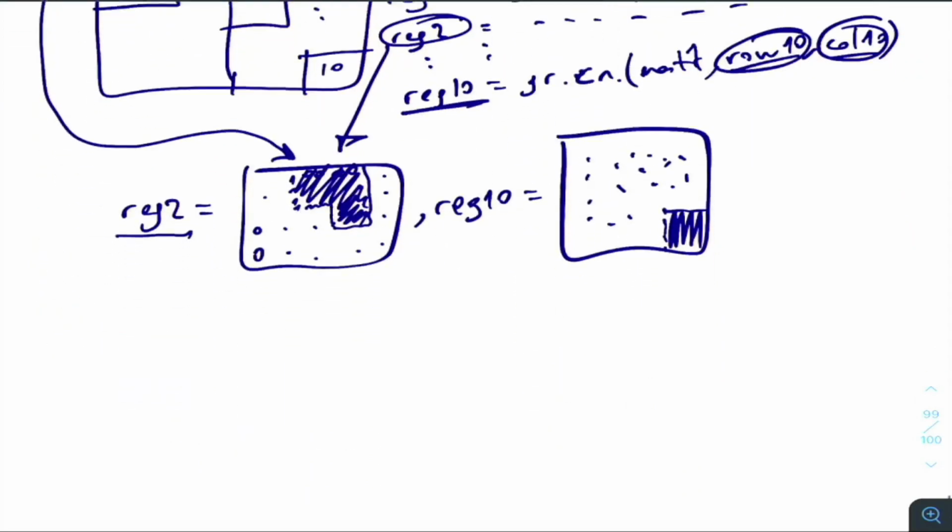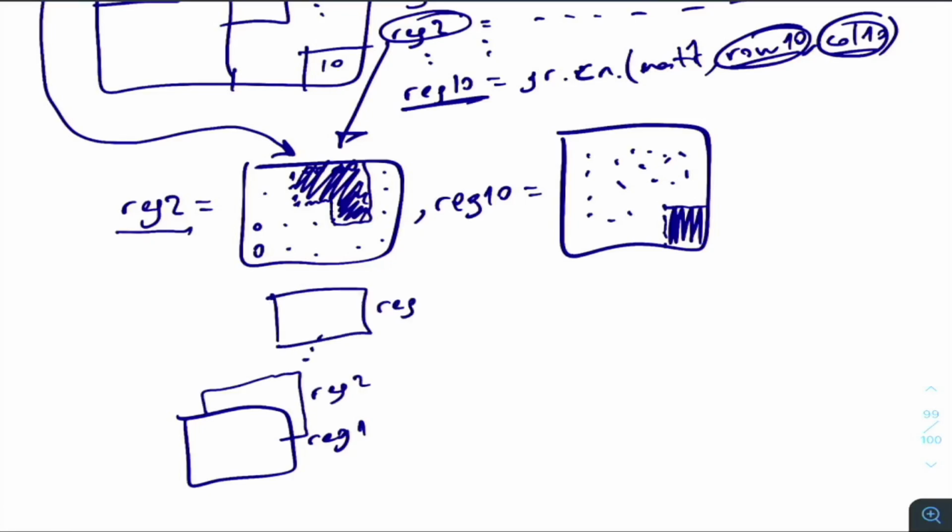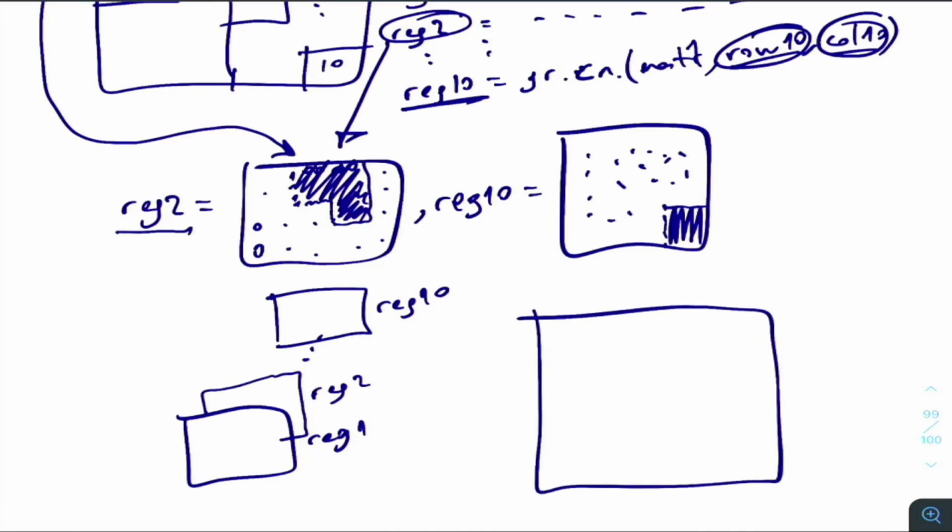And so what I do here, I just put reg1 and then reg2, dot dot dot, and reg10. Here I assume there are 10 regions that I'm interested in. And by the way, just a little aside, there may be some cases, for example this is number 1.